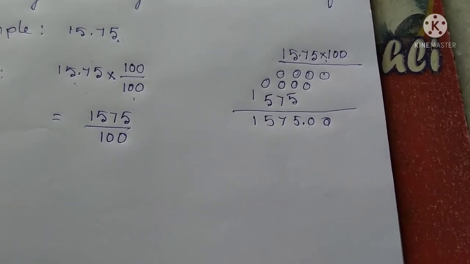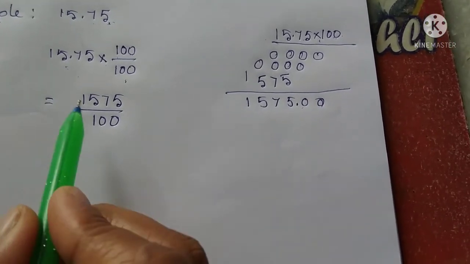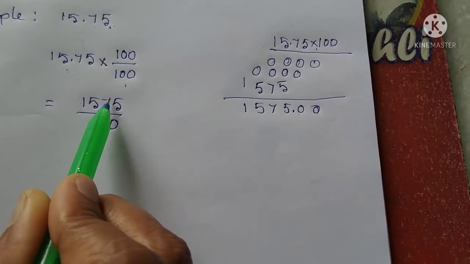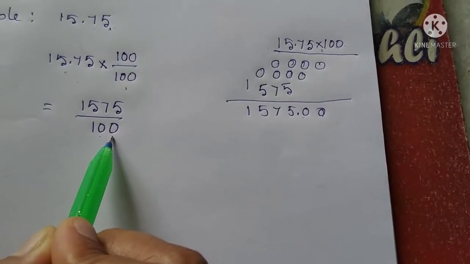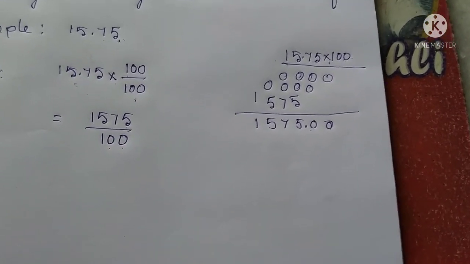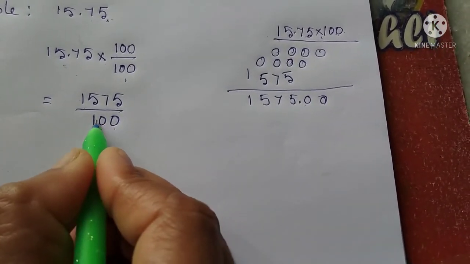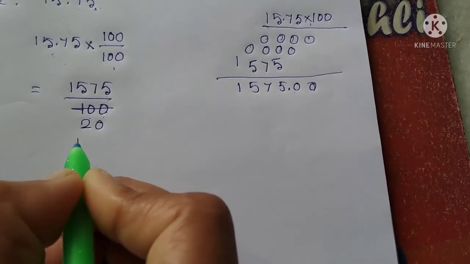Next, reduce the above rational number to its simplest form. 1575 by 100. In the ones place there is a 0 and a 5, so the 5 table is possible. 2 5s 10, again 2 0.